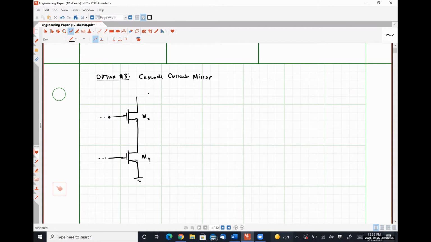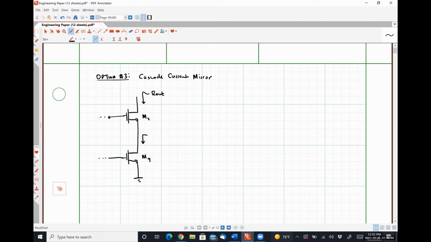And I want to figure out what this output resistance is. And how we are going to approach that is, instead of drawing a big, huge, ugly small signal model and figuring things out, we're going to be a little bit smarter about it.